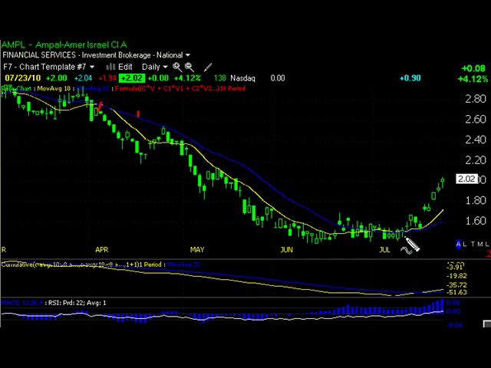And I need a crossover in my custom cumulative indicator above its moving average. We got that here. And RSI needs to be above the zero line, and that happened right about here, and that's a 22 period RSI. So I have three things now confirming that this crossover is a buy.